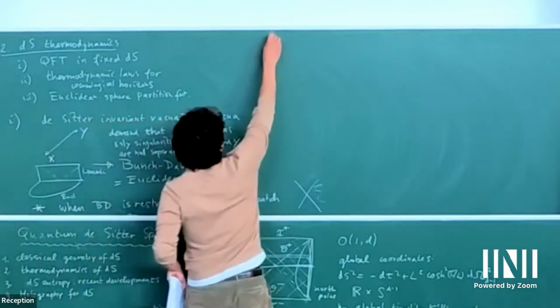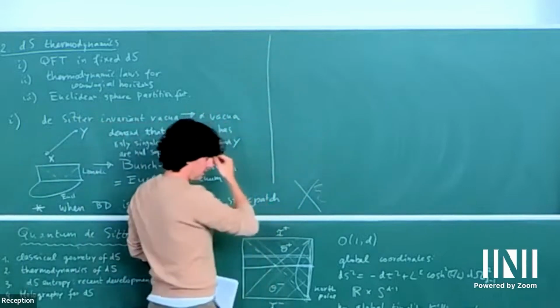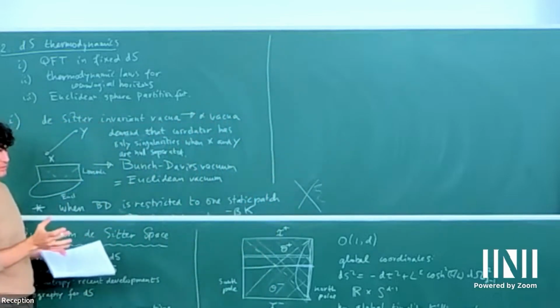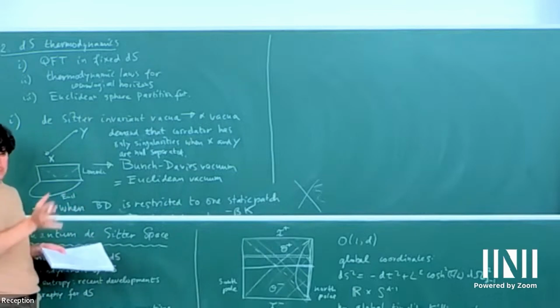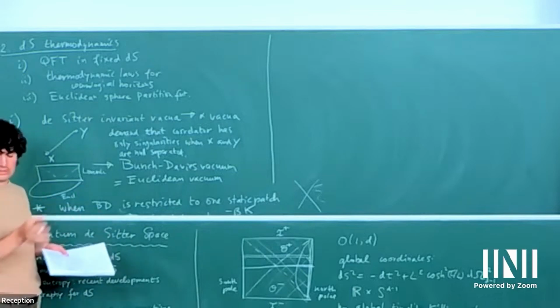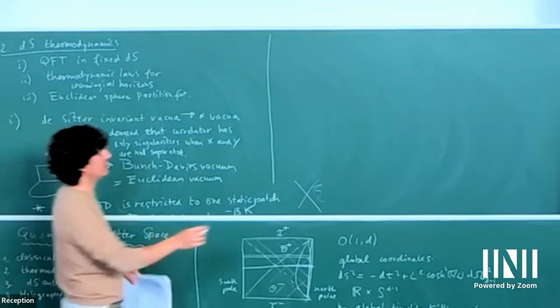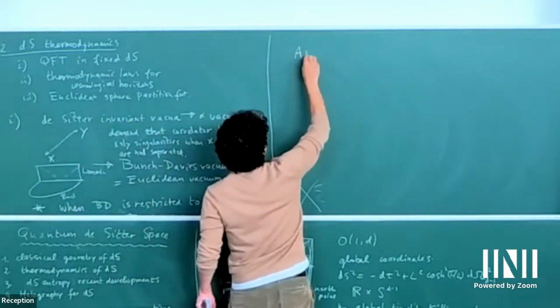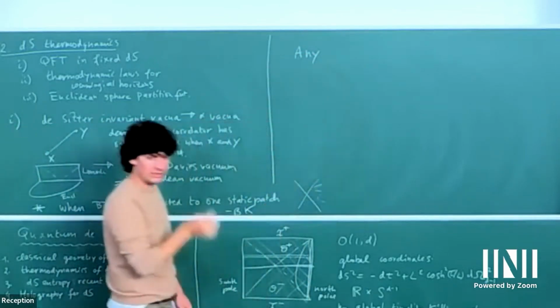Right. So actually, any geodesic in de Sitter space is related by the de Sitter isometries. So any geodesic observer in de Sitter space will observe this temperature.